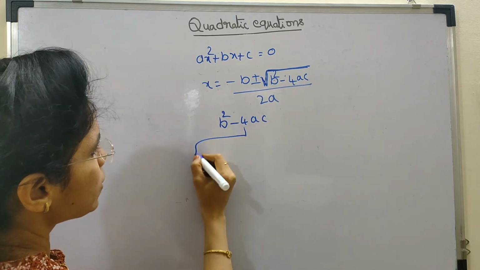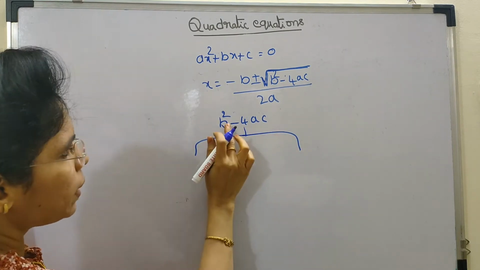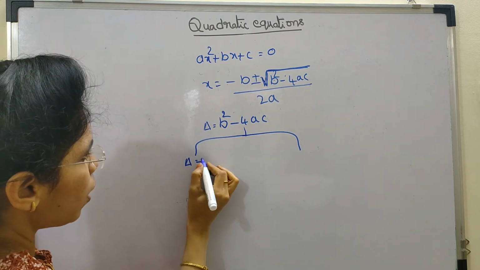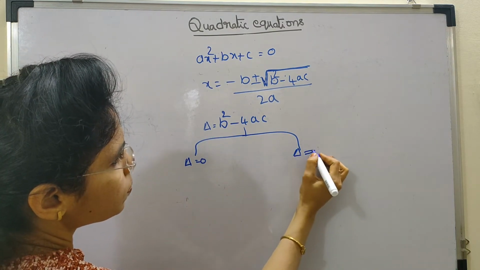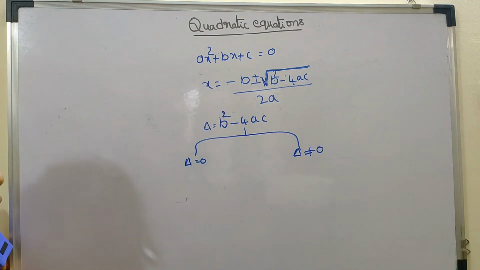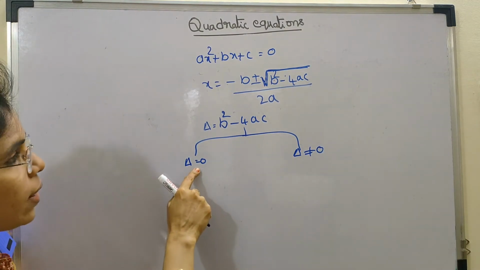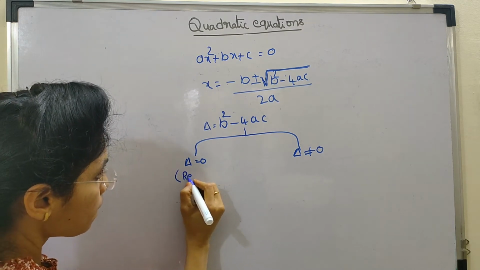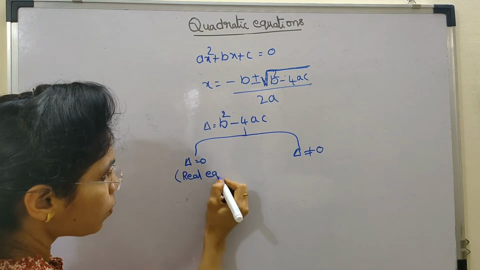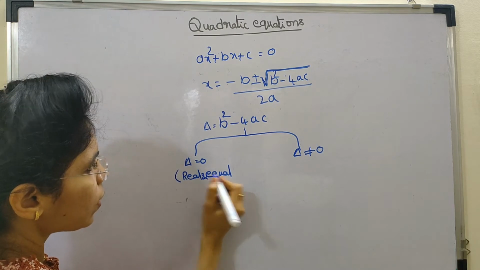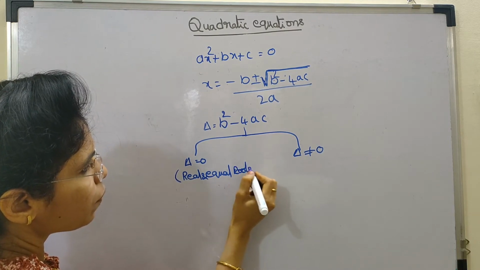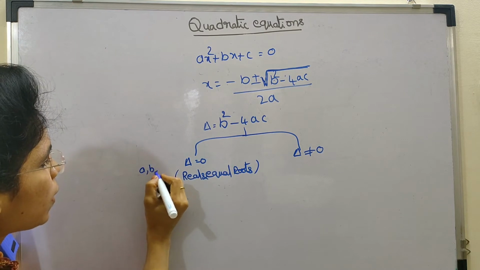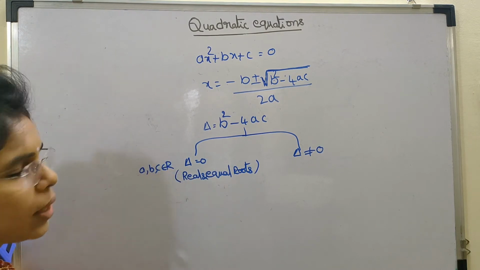So there are two cases here. b² - 4ac, delta, is either 0 or not equal to 0. Suppose delta is equal to 0, you have real and equal roots. What is the condition here? a, b, c should be real.